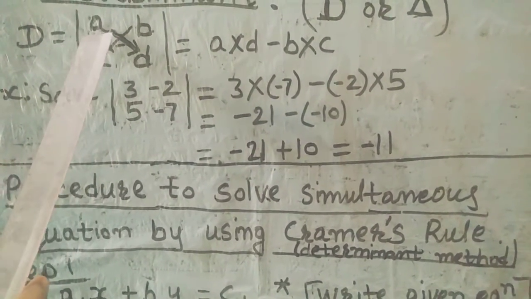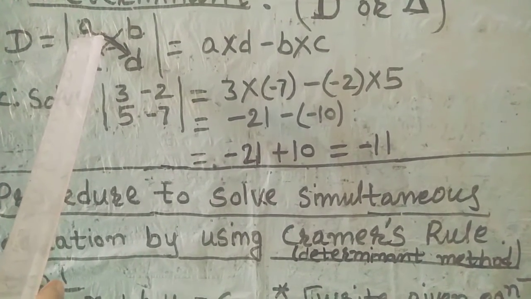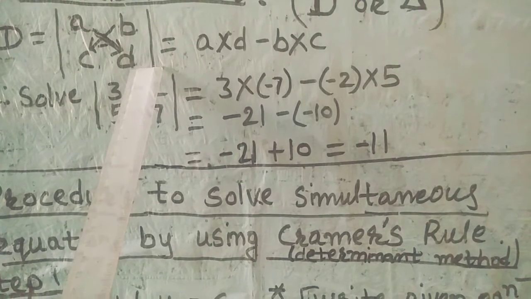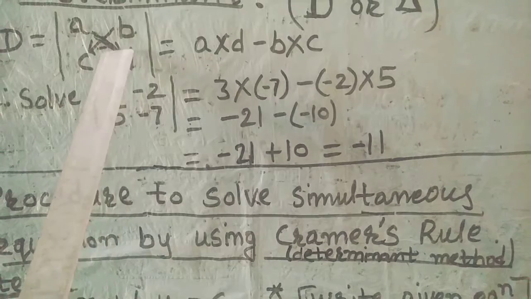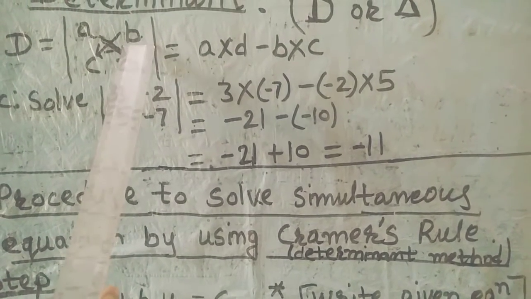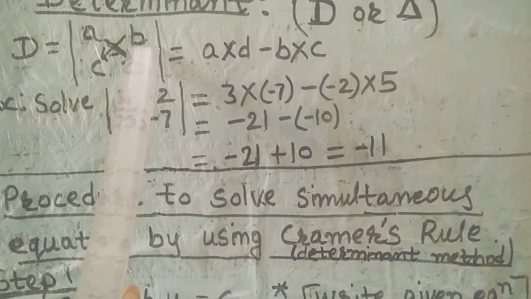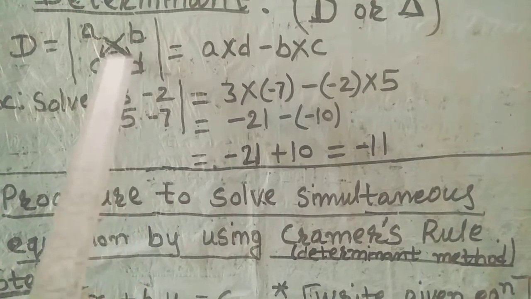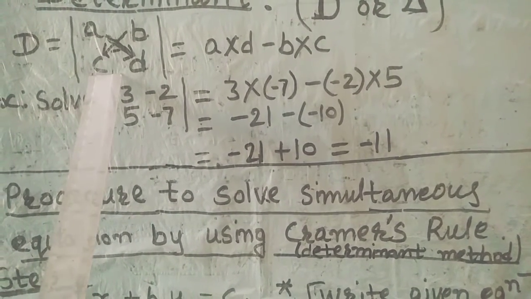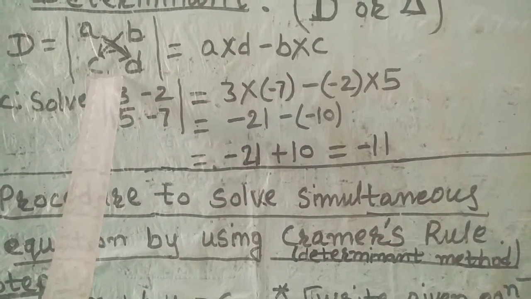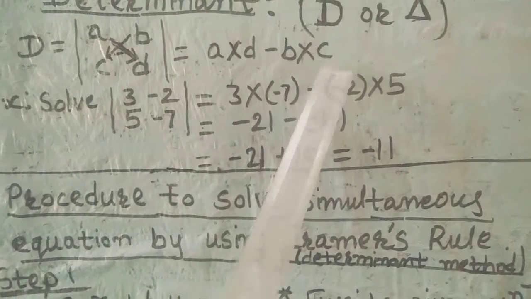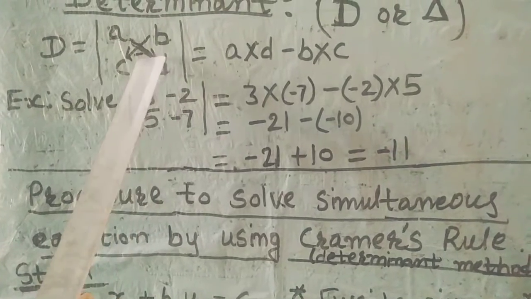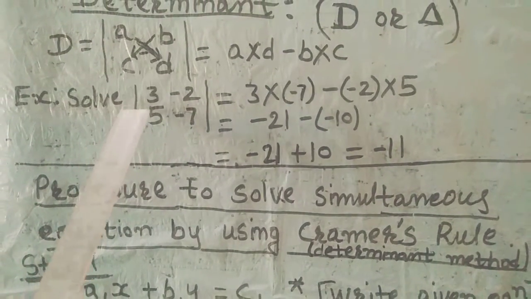That is, the first row first column element is multiplied with the second row second column element, ad, minus the first row second column element multiplied with the second row first column element, bc. So ad minus bc, cross multiplication with a minus sign in between them.